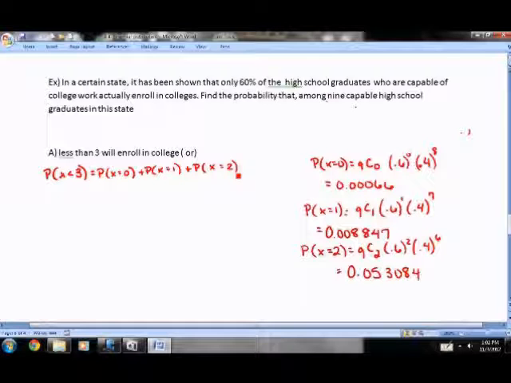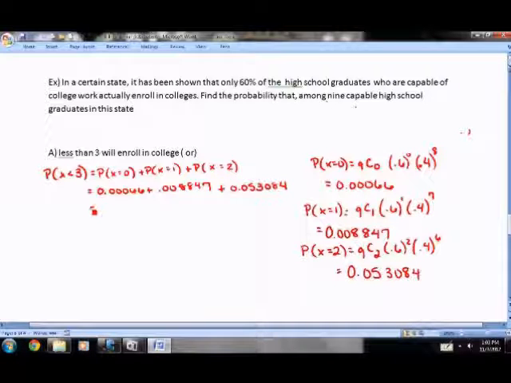Now I've already done this on the side so we can save time, and we have all the probabilities of those. Since we're looking for all of those values, all we're going to do is add them together. The probability that x will equal 0, in other words that 0 people will go to college, is 0.00066, plus the probability of 1 person going to college, 0.008847, plus the probability that 2 people will go to college, 0.053084.